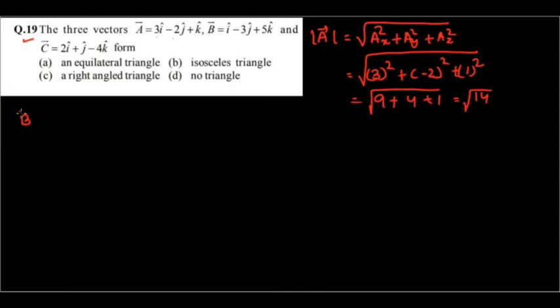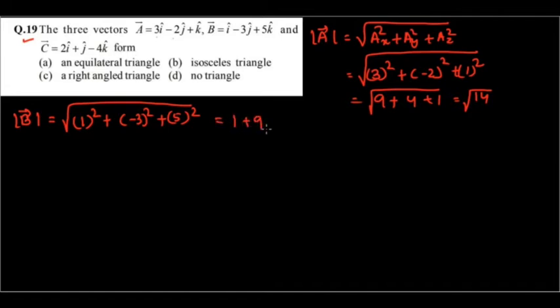Similarly, the magnitude of B vector equals 1 square plus minus 3 square plus 5 square. So 1 square is 1, plus minus 3 square will be 9, plus 5 square will be 25, and give a square root symbol. 1 plus 9 is 10, and 10 plus 25 is 35, so it will be square root of 35.